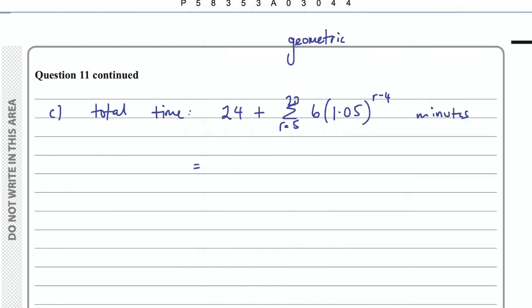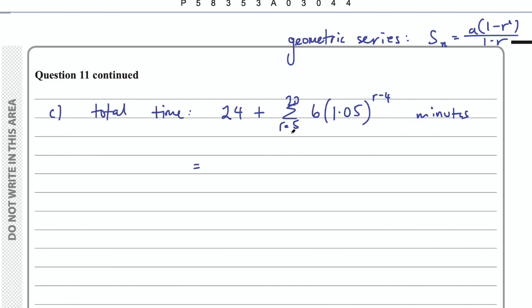So this says that the sum of n terms is equal to a, the first term, multiplied by 1 take r to the power n, divided by 1 take r, r being the ratio between each term.